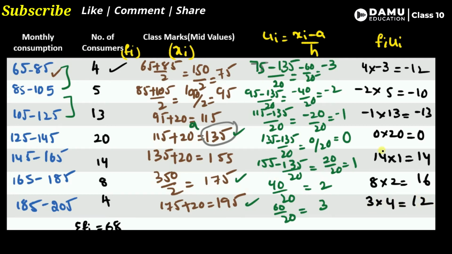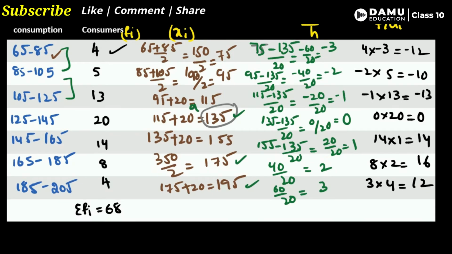So if you add all these values, we are going to observe one case. We can take it as the summation of fi ui, that is the addition of all these values. So the summation of fi ui will be equal to minus 12 minus 10 minus 13, which is minus 35, plus 0 plus 14, 16, 12.